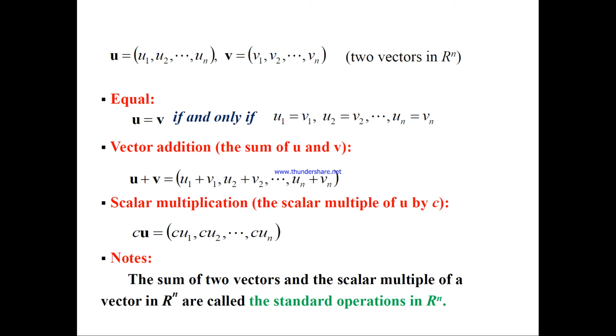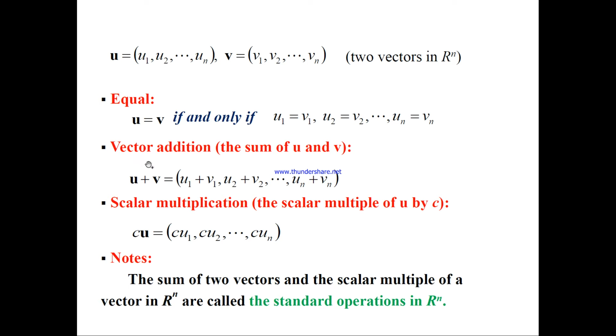When I say two different vectors are equal, so if I need to say u equals v, then the condition is: vector u will be equal to vector v if and only if u1 equals v1, u2 equals v2, and so on, un equals vn. It means that the components of those vectors should be equal, such that I can say the two different vectors are equal. So that is how you can say two different vectors are equal.